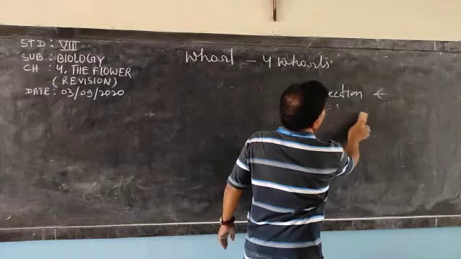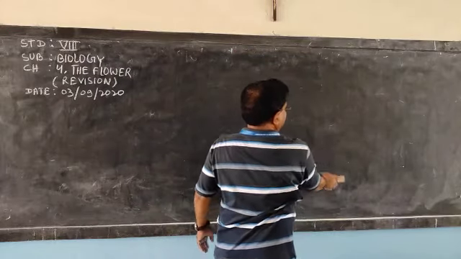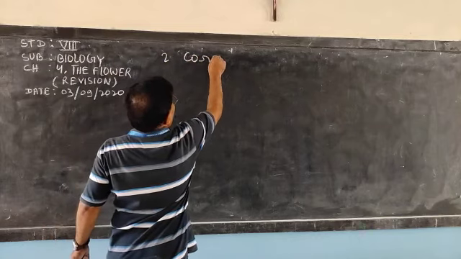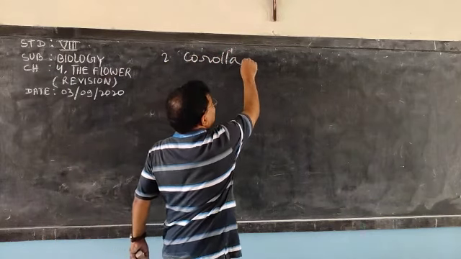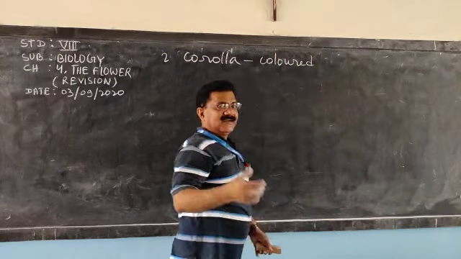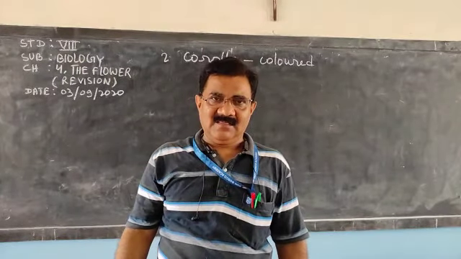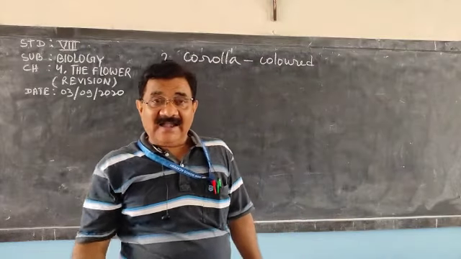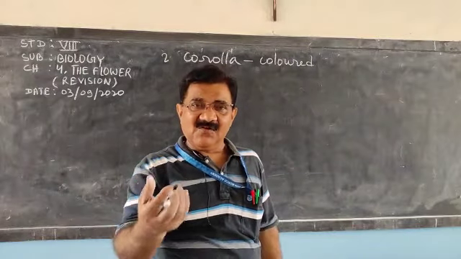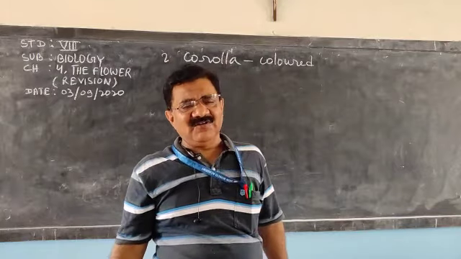Next whorl is the corolla. Corolla is the colored part, and it is colored to attract the insects for pollination. One important question I have told: flowers which bloom in the night are white in color, because white flowers can be seen by the insects during night time.